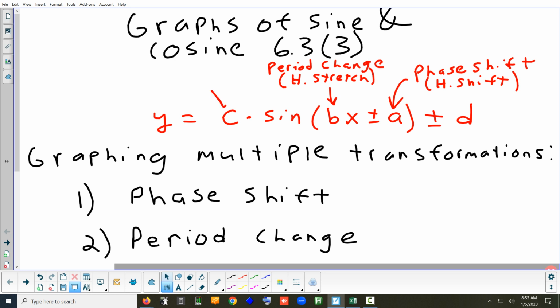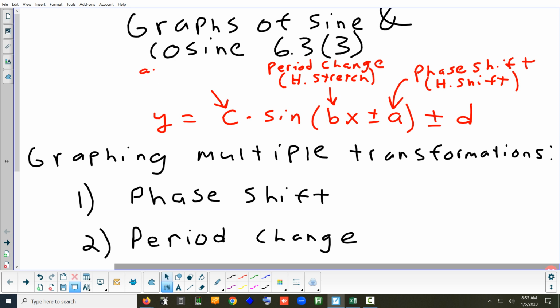Okay, third thing you would do is C. Now we're outside the argument. We're not inside parentheses anymore. Multiplication outside the parentheses. Does anybody remember what that does? Yeah, that can affect the amplitude. So that's an amplitude change.